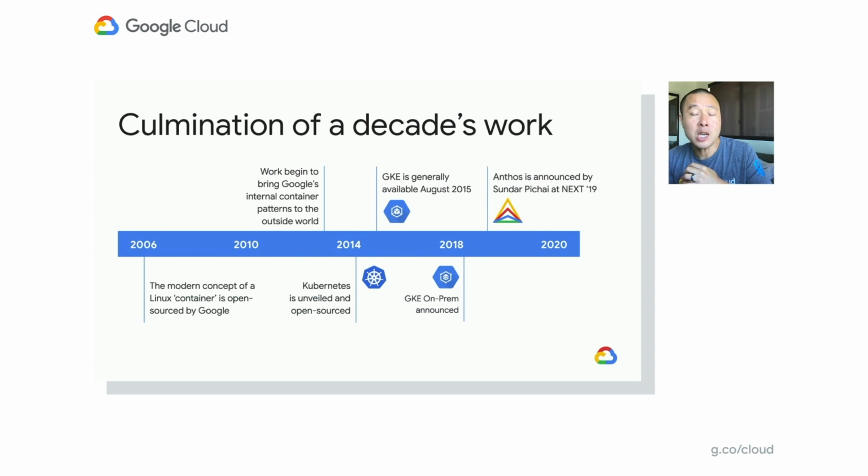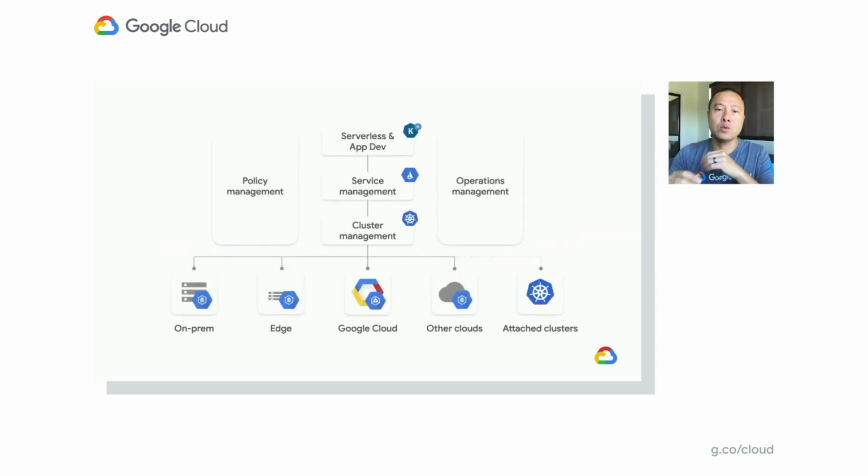So in 2019 at Next, Anthos was announced by CEO Sundar Pichai to be generally available. We are now 12 months into the general availability of Anthos, and this is where Anthos sits today.